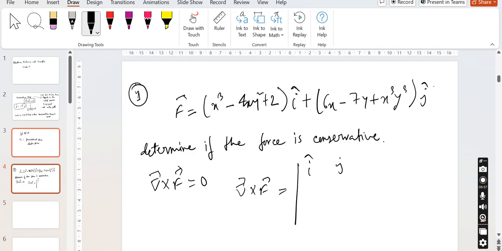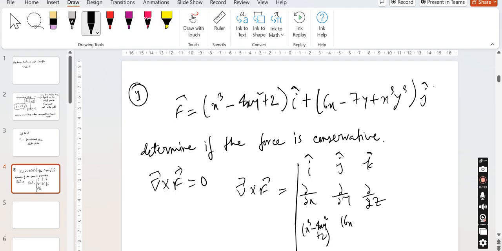Using i, j, k. Although there is no z component here, to determine the curl we need to write the z component.